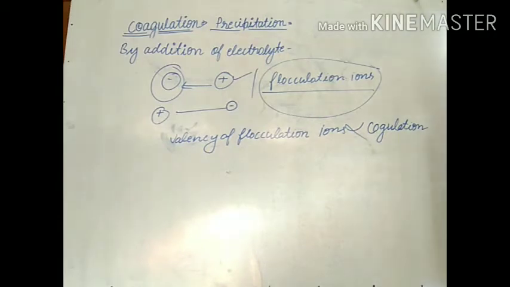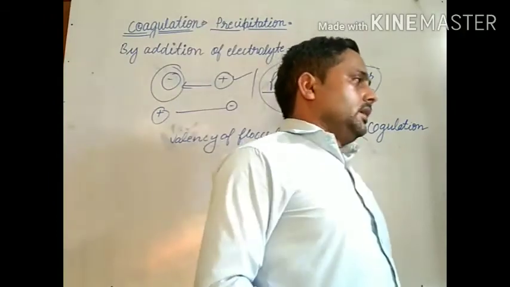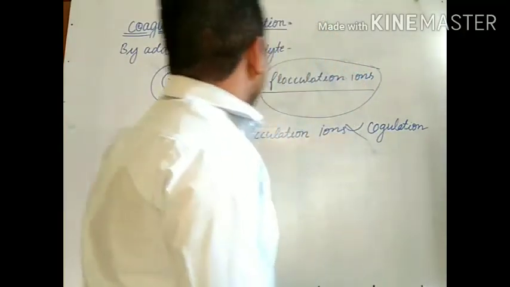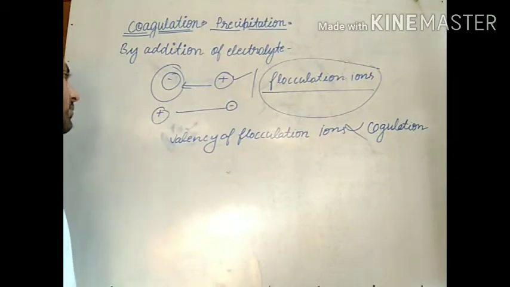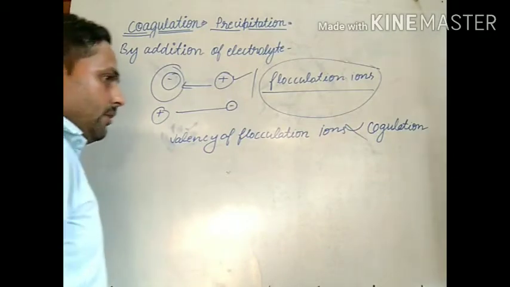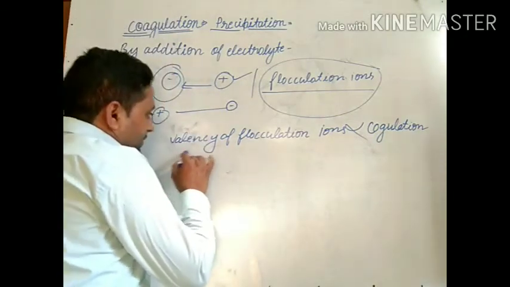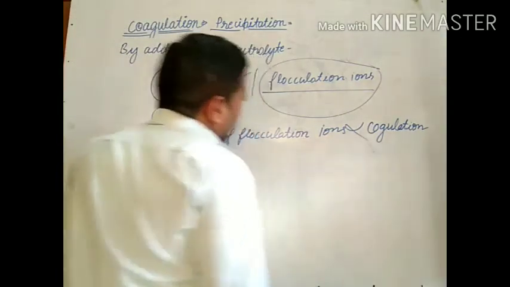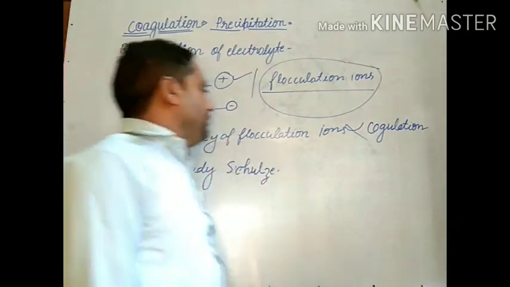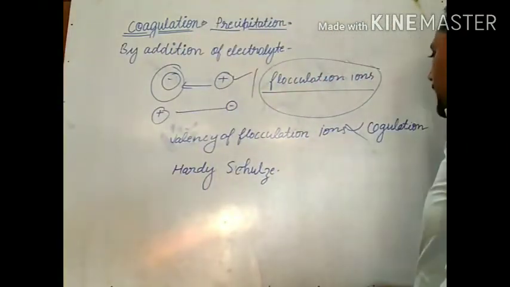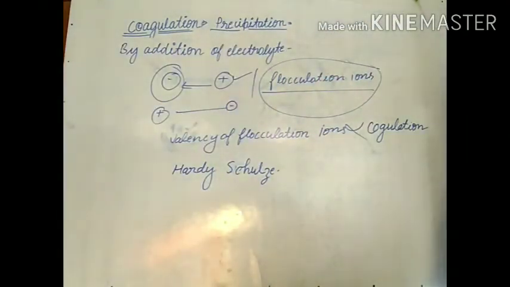We will use positively or negatively charged flocculation ions for oppositely charged colloids. So the valency of the flocculation ion is directly proportional to coagulation.